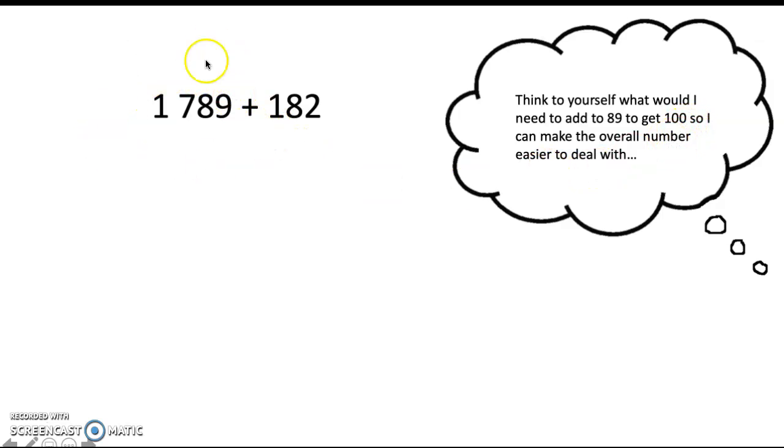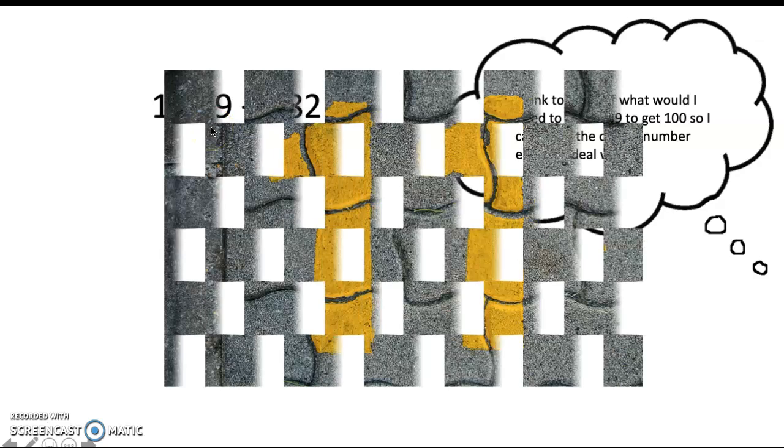Another way to say this is I want this number to be 1,800. Then it can be easier because I'll have zeros, I'll be able to add better. So how much would I need in order to make this 1,800?